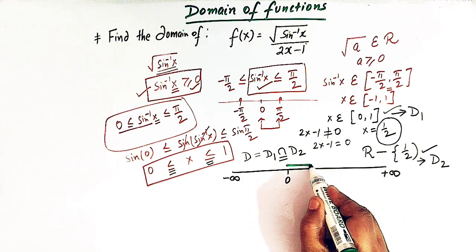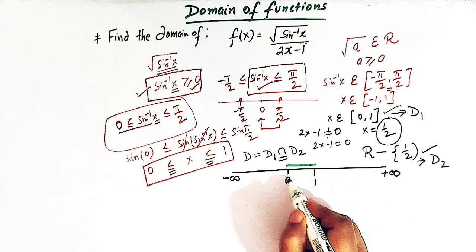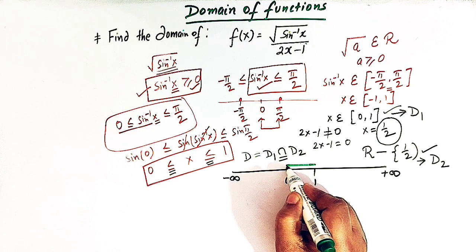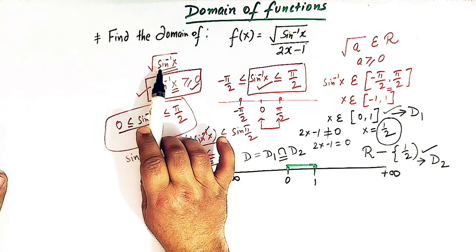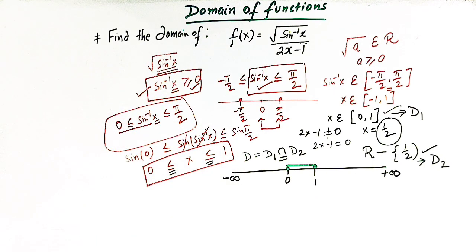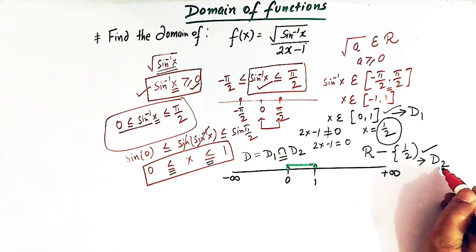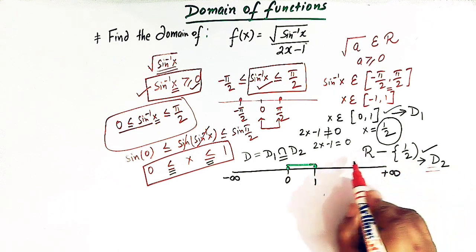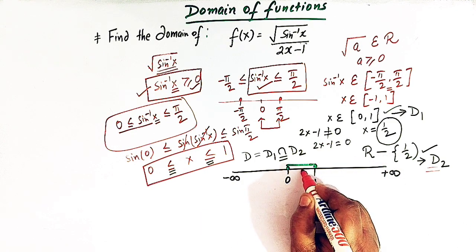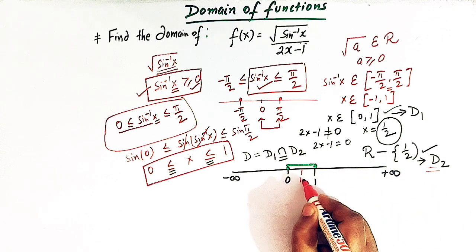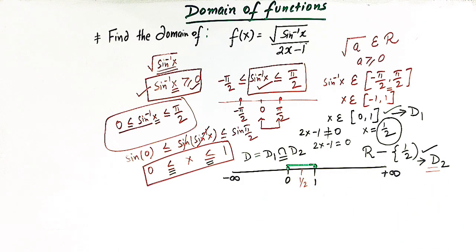So here we have this region, that is from 0 to 1, and remember these 2 points are also included in the domain of the function square root of sine inverse x, right? Okay, so now let us represent this domain d2. So d2 is R minus half. So here we can take this number, that is 1 over 2, that is half.